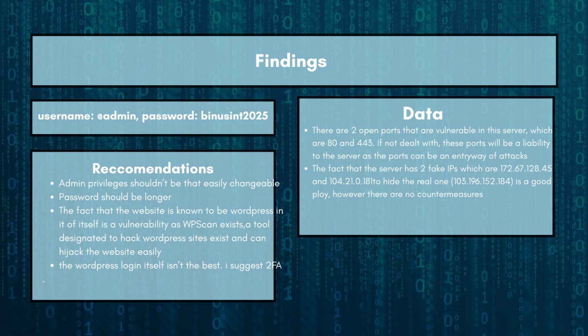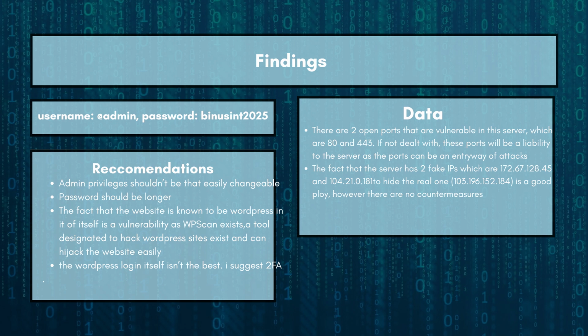Here are other recommendations. Admin privileges on the WordPress shouldn't be easily changeable, because although I did not implement it, there are many other ways people can use the WordPress control panel to hijack the server, such as the usage of file imports and code.